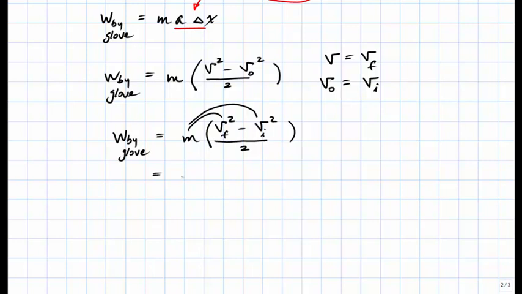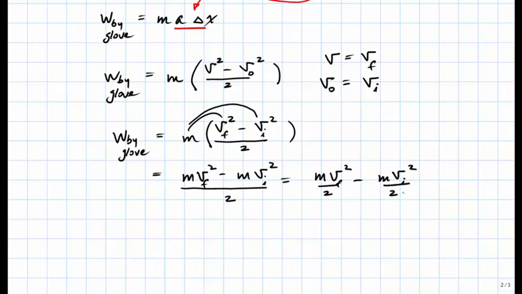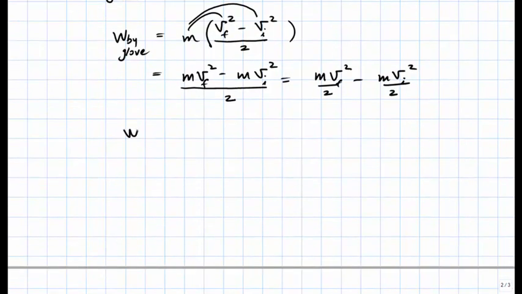And that'll yield mv final squared minus mv initial squared all over 2, which could be separated as mv final squared over 2 minus mv initial squared over 2, and we prefer to write this equation as 1/2 mv final squared minus 1/2 mv initial squared.